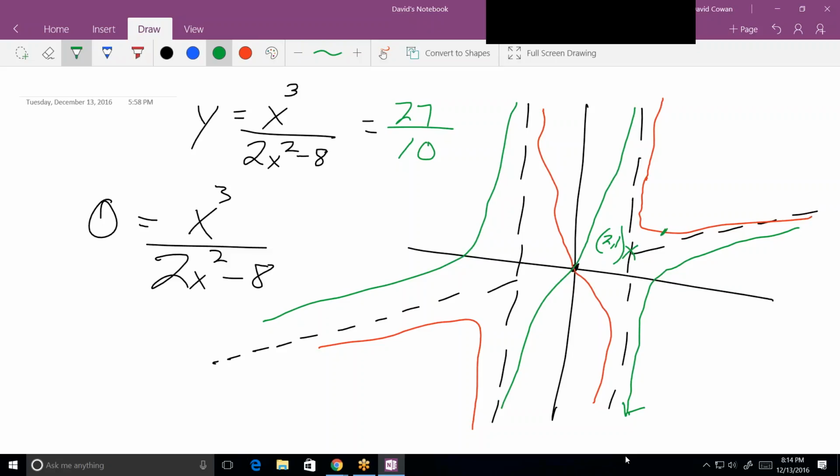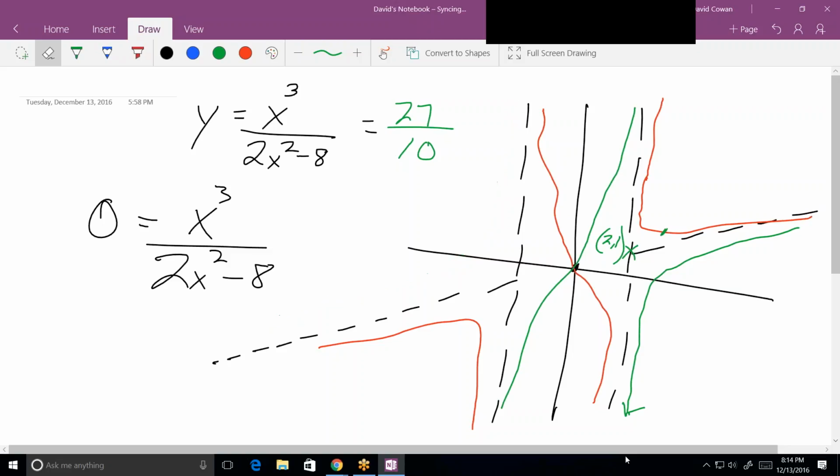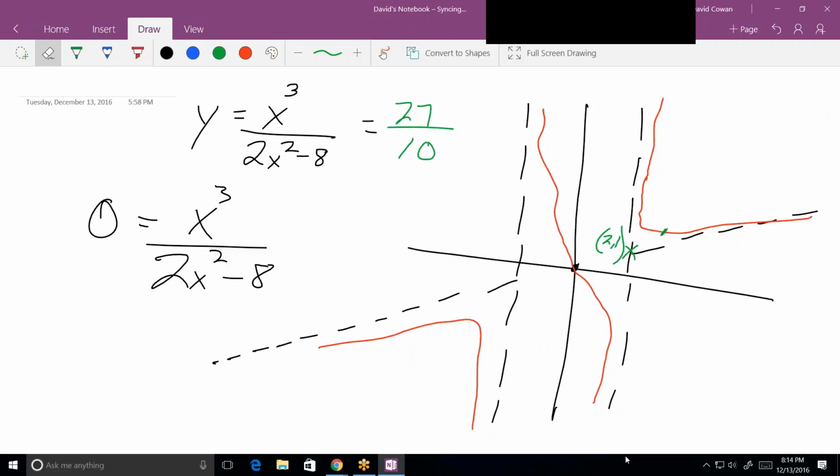So I'm going to go with the red, and I'm trying to figure out if there's a way to be sure, because it's not always clear. You have to figure out where that oblique asymptote is to know whether you're above it or below it.